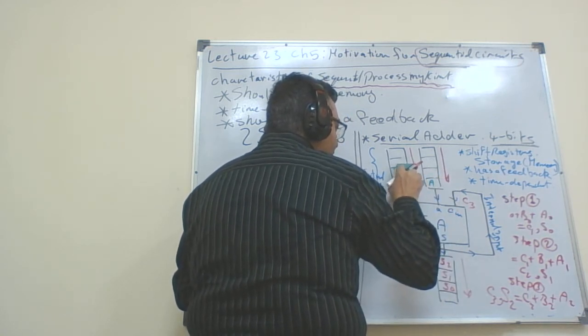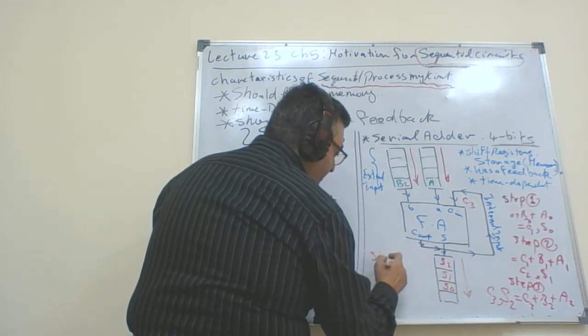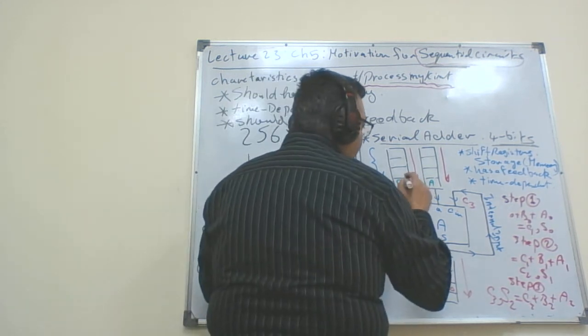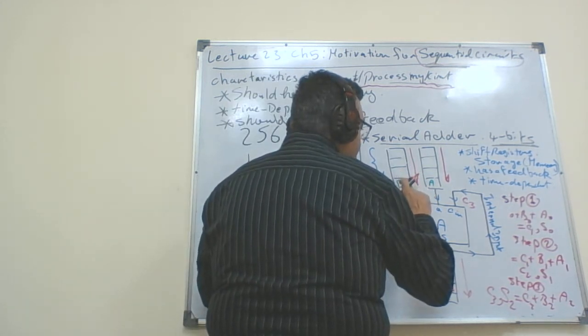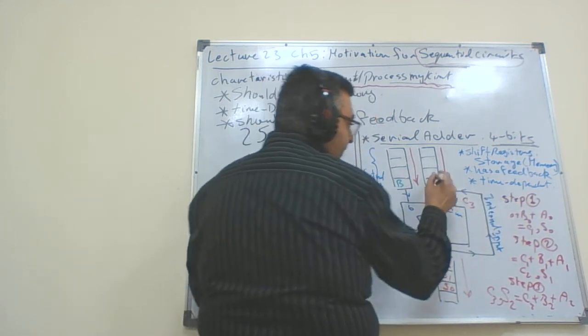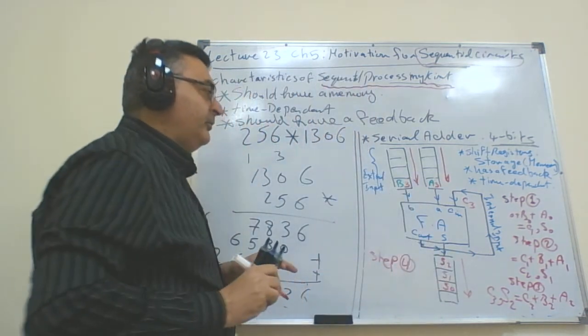So right now, at the beginning of step 4, I will have C3 coming from the feedback, A3 and B3 from the inputs.